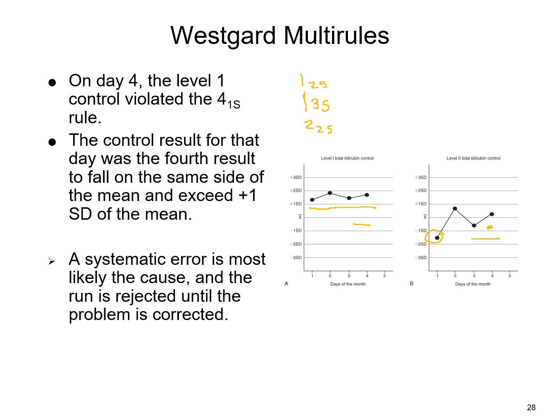So this is considered a systematic error. It's most likely the reason, and the run is rejected until we can figure out what the problem is. More than likely for something like this, it's just shifted over time, and maybe the analyzer needs to be calibrated again. Once you calibrate and get everything back in line, then this will clear up.